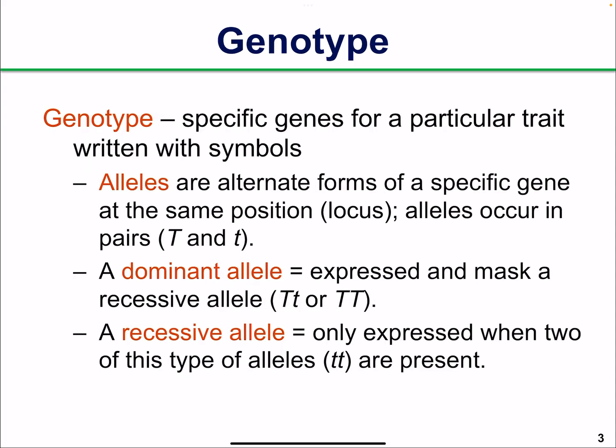All right. Our first step is to address the concept of genotype. What is a genotype? A genotype is basically your genetic makeup for a particular trait. For instance, your hair has a certain shape. Is it curly? Is it straight?